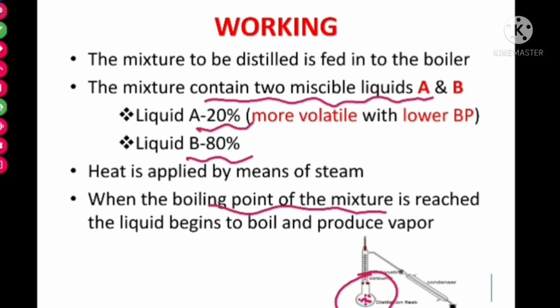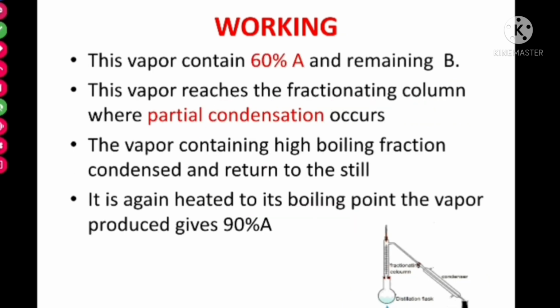When the boiling point of the liquid mixture is reached, the liquid mixture starts to boil and produces vapor. This vapor contains 60% A. As we know, our liquid sample contains 20% A and 80% B.